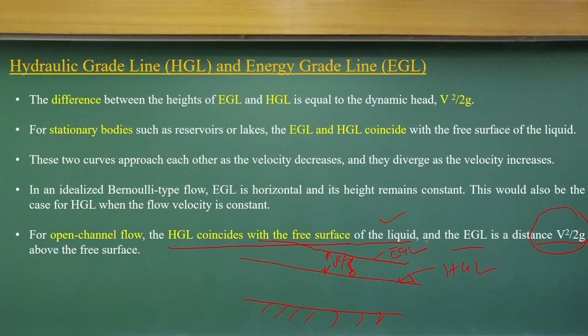That is in the case of open channel flow, because there is no pressure head. In the case of pipes, we can have piezometers to measure the hydraulic gradient line. To measure the energy gradient line, we need a pitot tube.